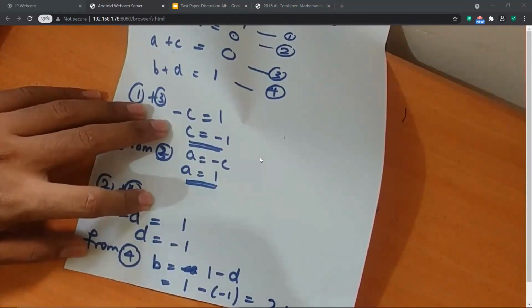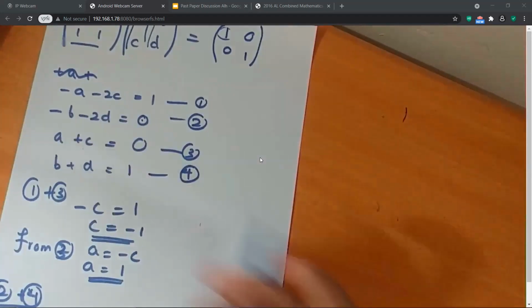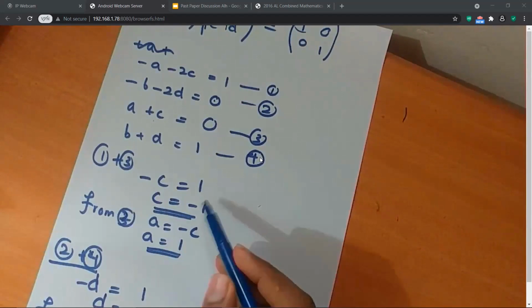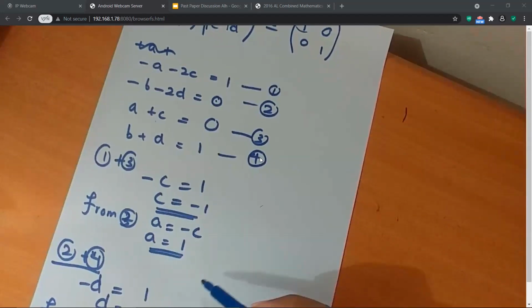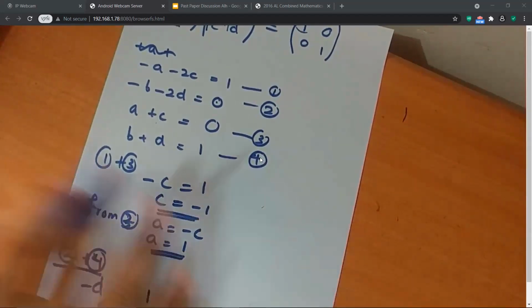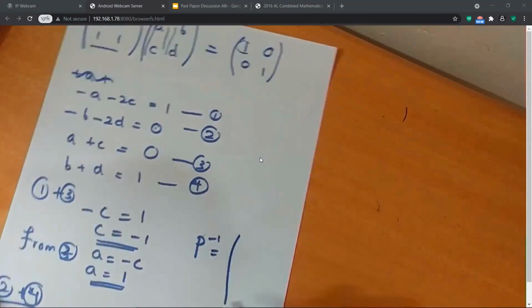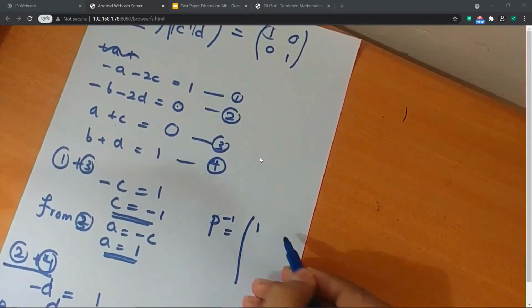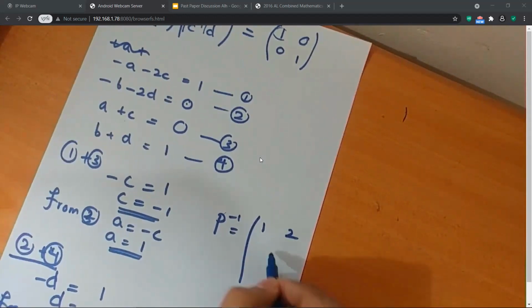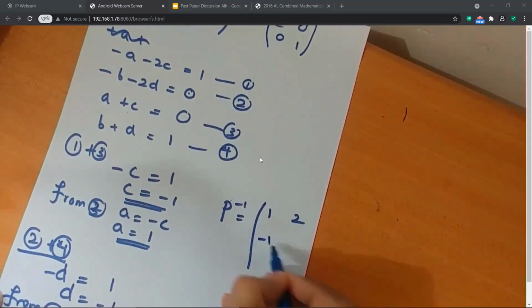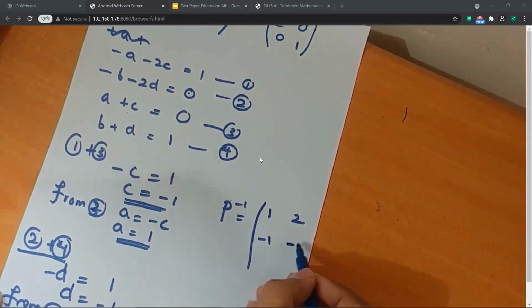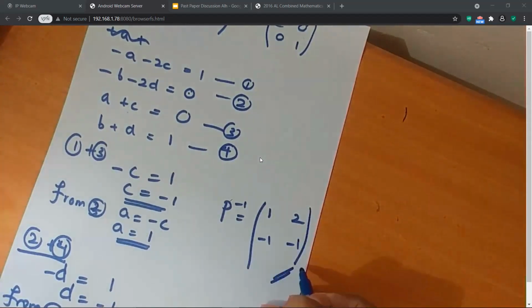So the answer we got: A is equal to 1, B is equal to 2, C is equal to -1, and D is equal to -1. That means P inverse, I'll write it here, is equal to 1, 2, -1, -1.